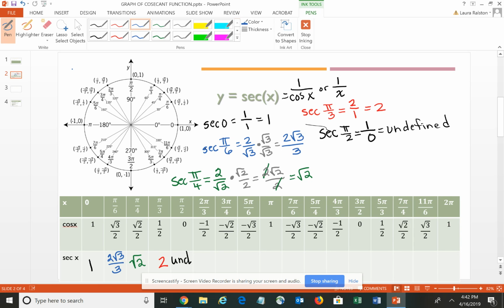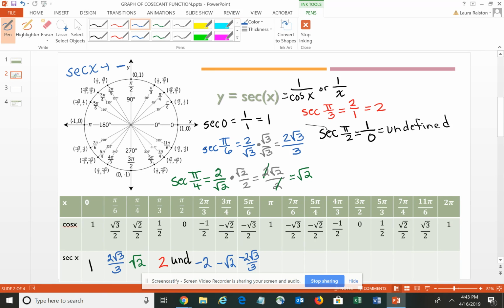In quadrant 2, the cosine is negative, and therefore the secant would also be negative. So at 2 pi thirds, I'm going to have negative 2. At 3 pi fourths, I'm going to have negative square root 2. At 5 pi sixths, I'm going to have negative 2 square root 3 over 3.